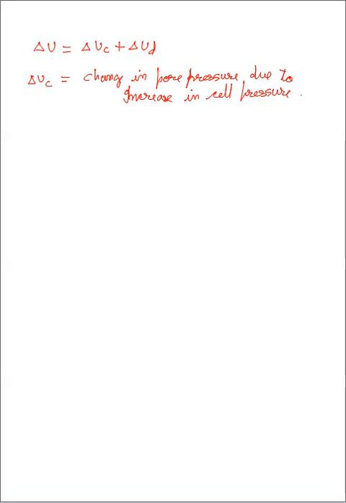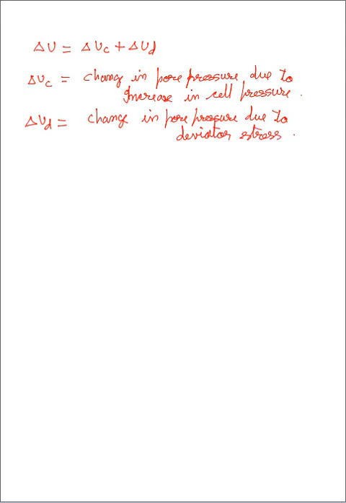And delta ud is the change in pore pressure due to deviator stress, D being deviator stress. So finally, this is your basic formula: delta u is equal to delta uc plus delta ud.